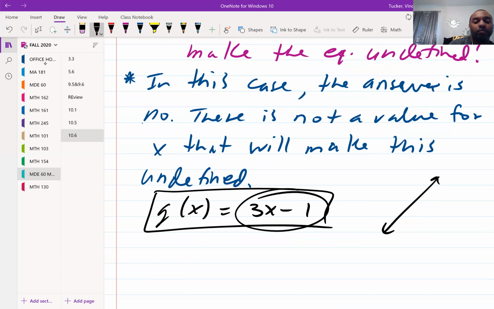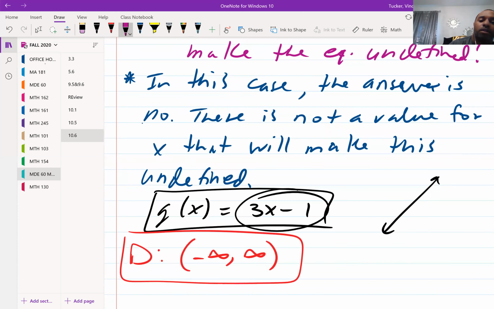So whenever you have just a regular equation, your domain is going to be negative infinity to positive infinity. That just means you can use all values. All values can be used.